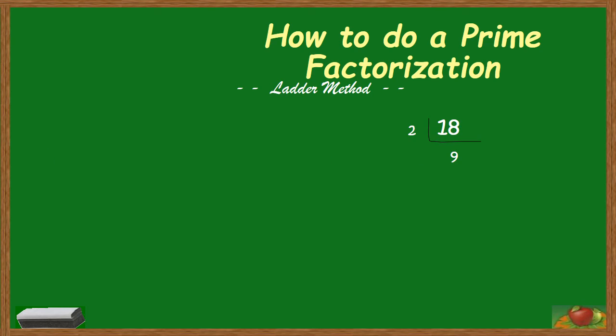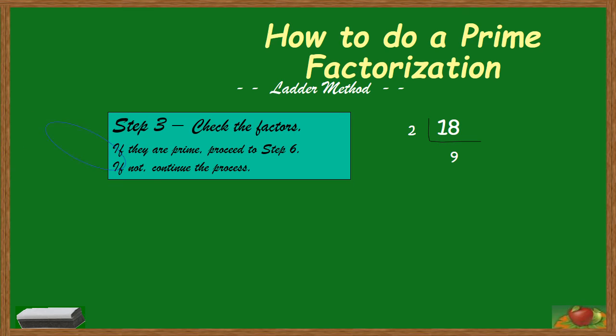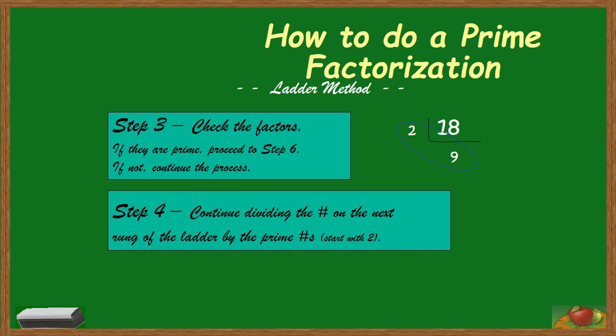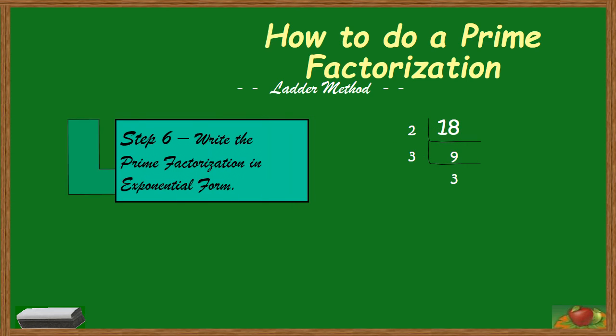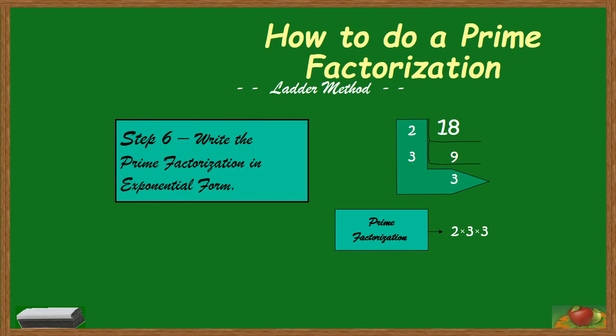We continue dividing until we get prime factors. If 9 cannot be divided by 2, you can think of the next prime number. We have 3, yes? What is 9 divided by 3? We will get 3. So what is the prime factorization of 18? Yes, very good. 2 times 3 times 3.